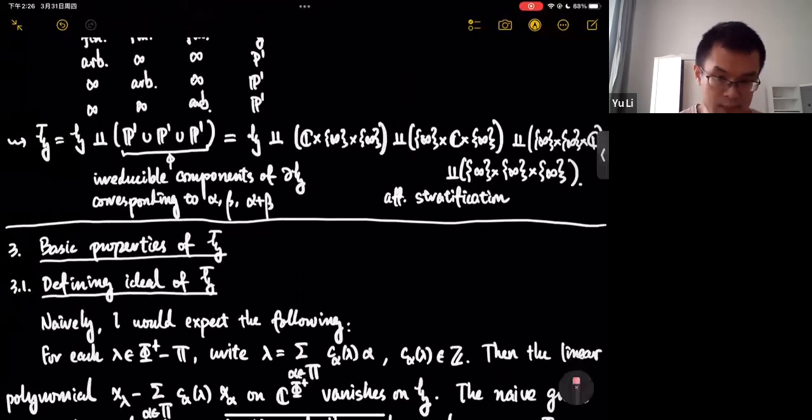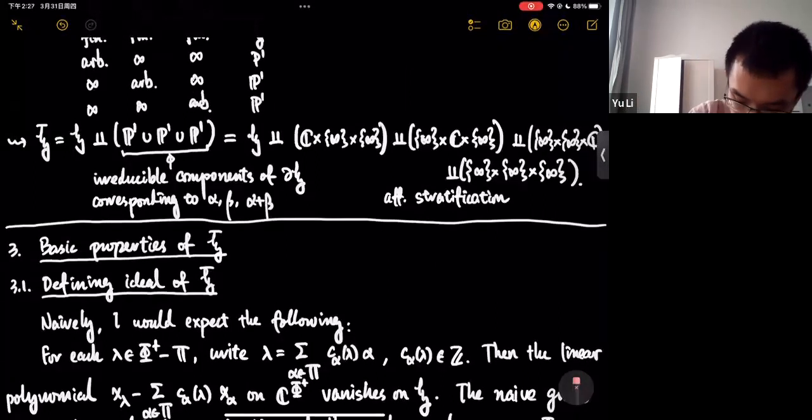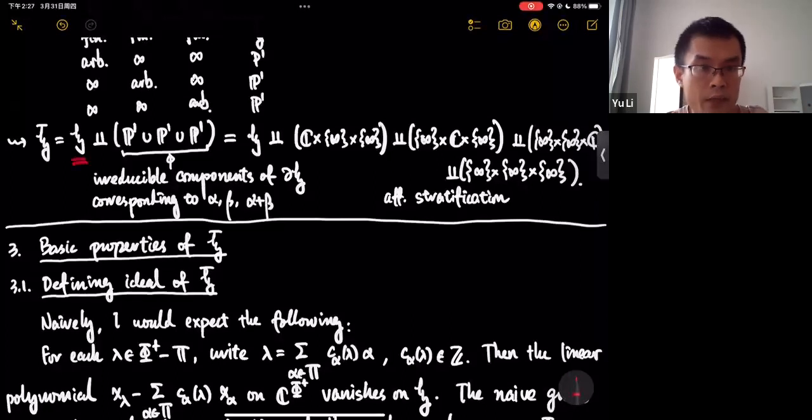As a variety, H bar decomposes as follows. There's the finite part H that we started with, and in the boundary we have 3 irreducible components, each of which is isomorphic to P1. These 3 copies of P1 are not disjoint; they intersect at a single point, the point infinity, infinity, infinity of P1 to the 3rd power.